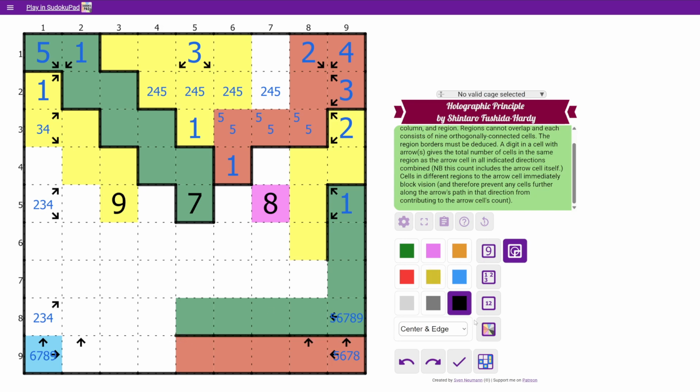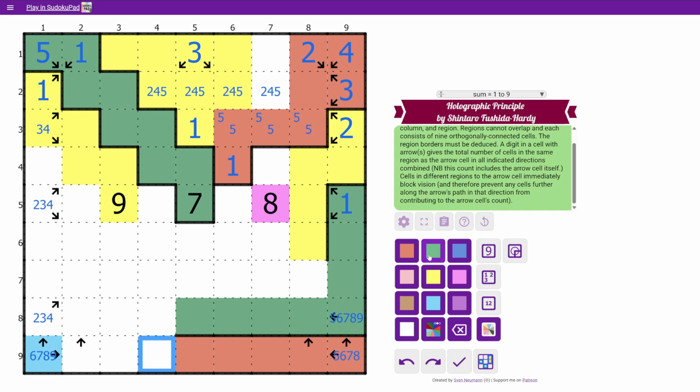Red must continue its journey outward. We get a 1 here from that. We get to continue our colors for blue. We can say that is a maximum of 3. So 4, 5, 6. It must be a minimum of that.